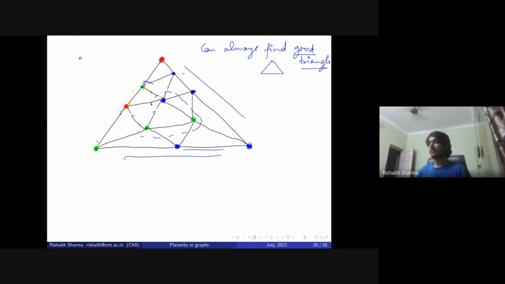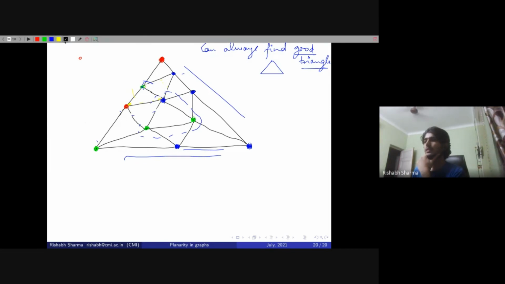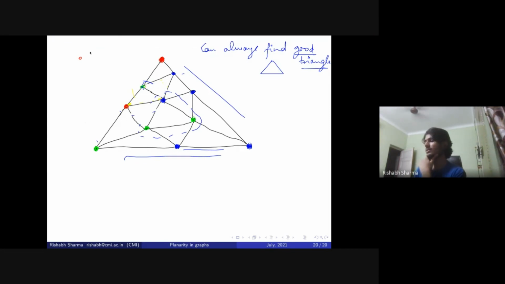So let's try to prove Sperner's lemma now. The idea is to use dual graphs in a sort of clever way, such that you can tie this good triangle condition to something more feasible, something more related to graphs.